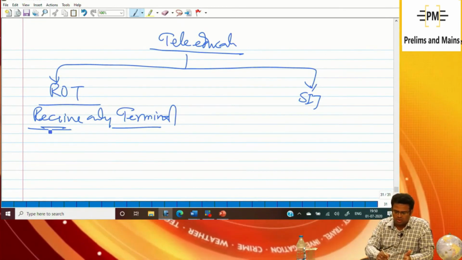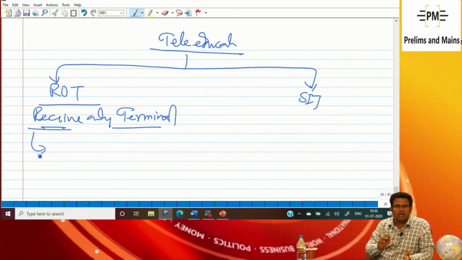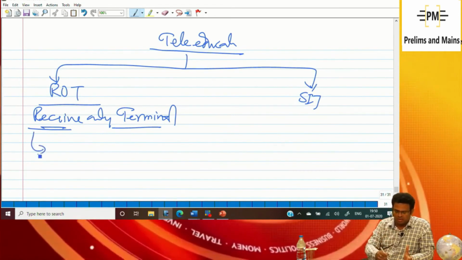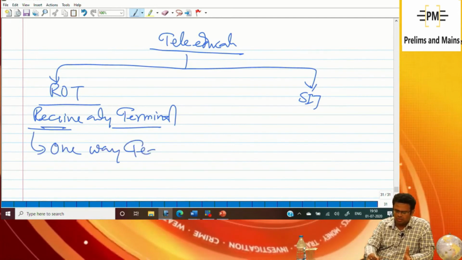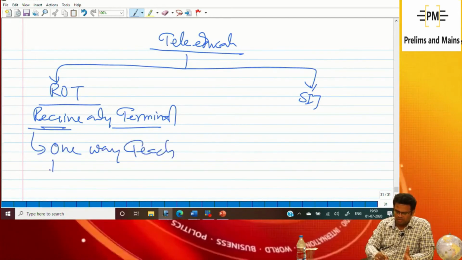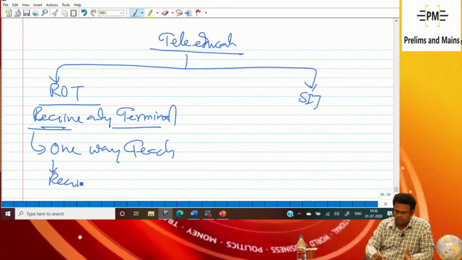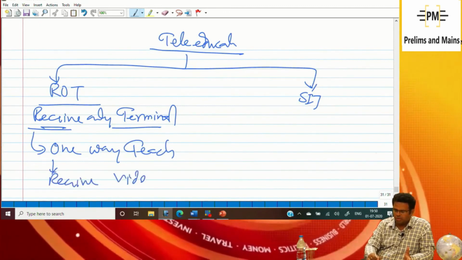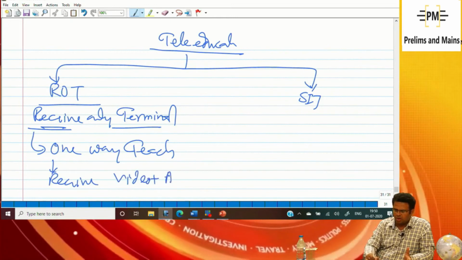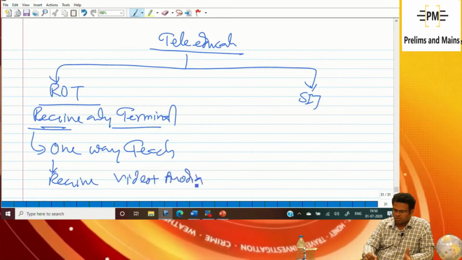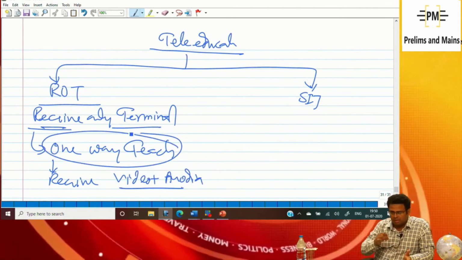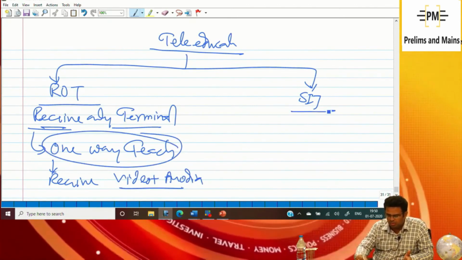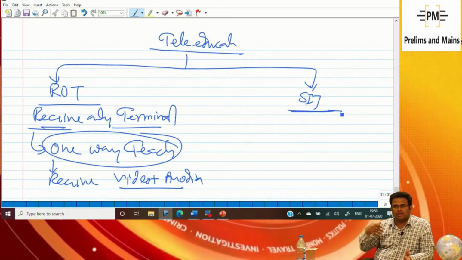Clear? So this is one way teaching only. They will receive video and audio signal, and it will be one way teaching. But SIT means there will also be interaction.